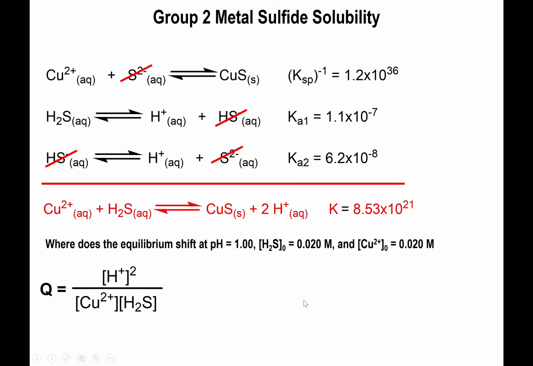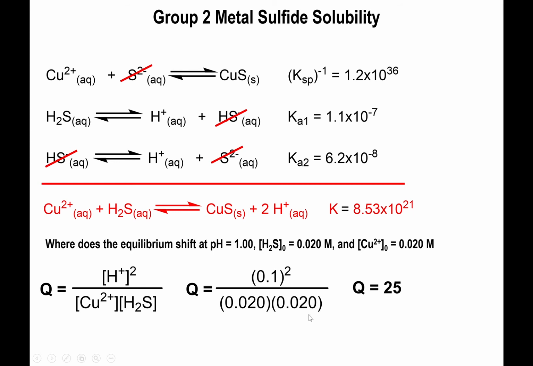If we input the values that we have here for the typical conditions, and of course change the pH to hydronium concentration, in other words raise 10 to the negative 1, 10 to the negative 1 being 0.1, we have 0.1 molar squared divided by 0.02 divided by 0.02, which tells you that the Q value is 25.